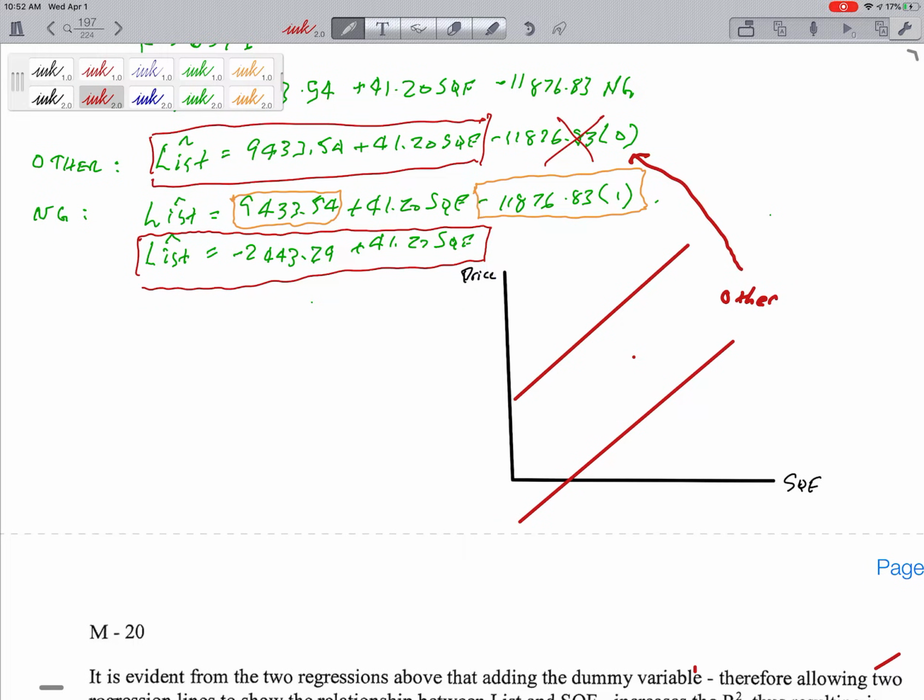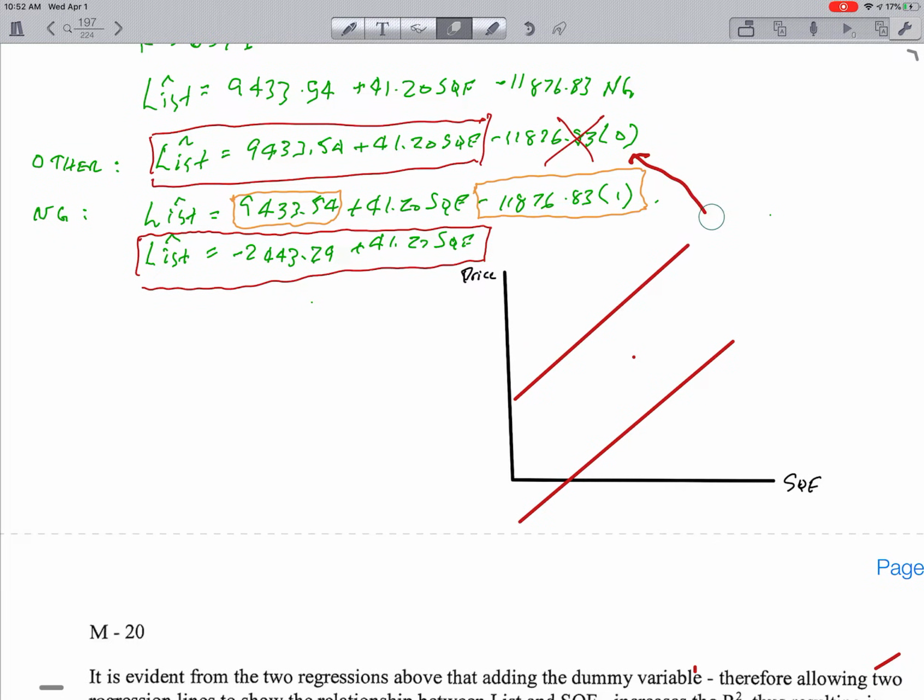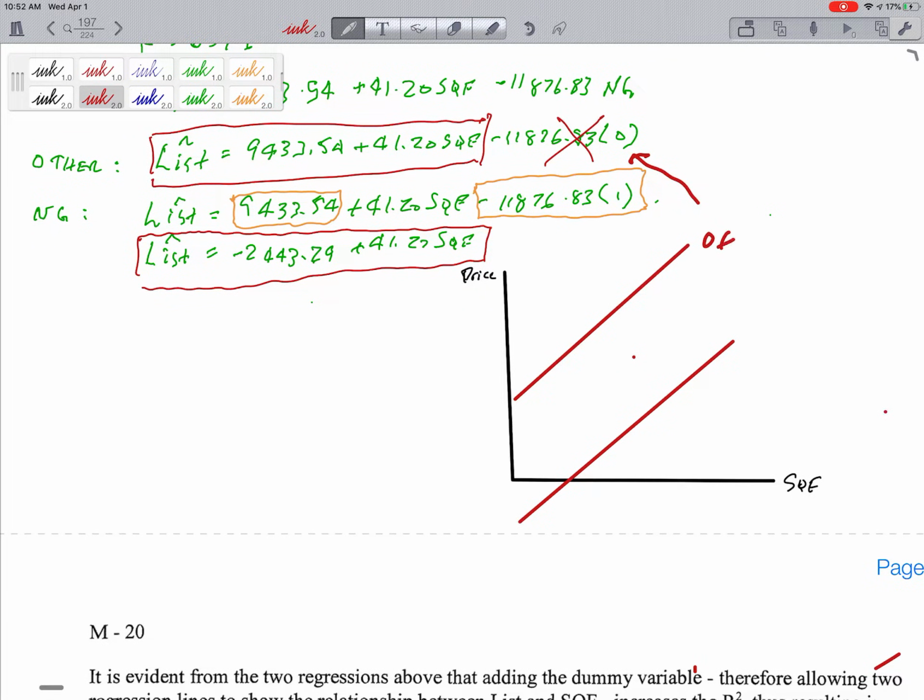Yeah, that looks better, that's higher. So this line is the other line, and it corresponds to an intercept of about 94.34. And then this is the NG line, and it has an intercept of minus 24.43.